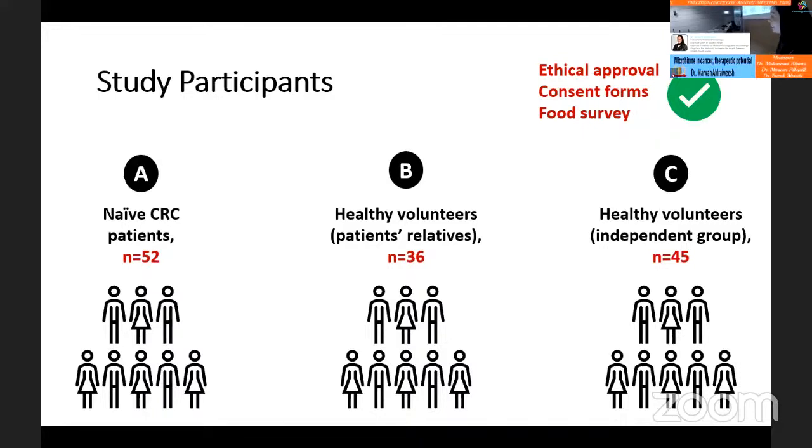The study is ethically approved by the IRB office in KAIMRC, and we have the consent forms, so the patients and the relatives consent to contribute to the study, and we collect the food survey data from the patients and the control group, since there is evidence of a diet impact on the gut microbiome.